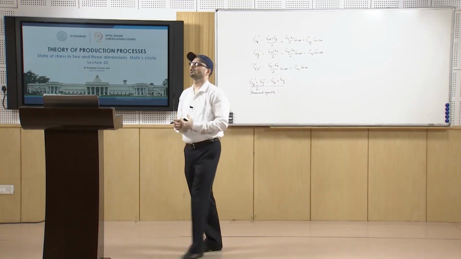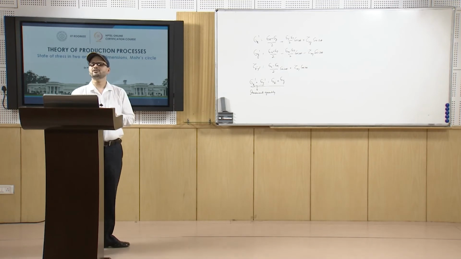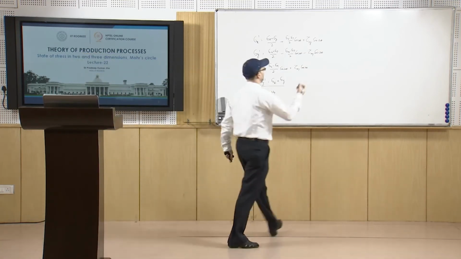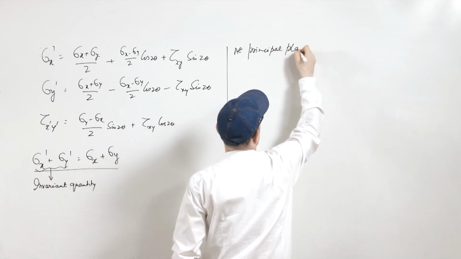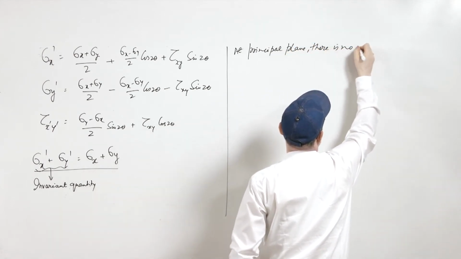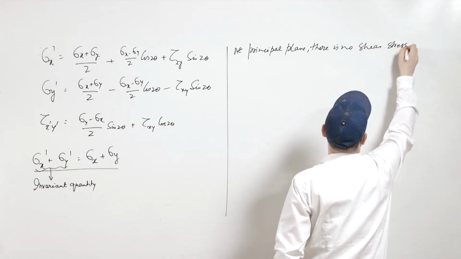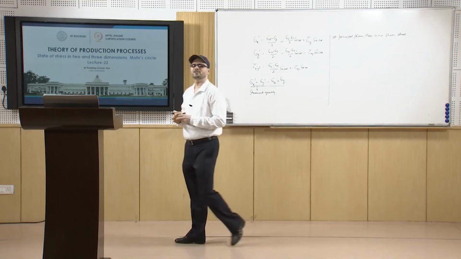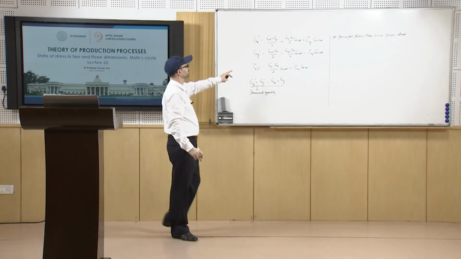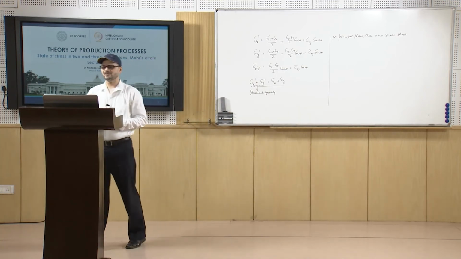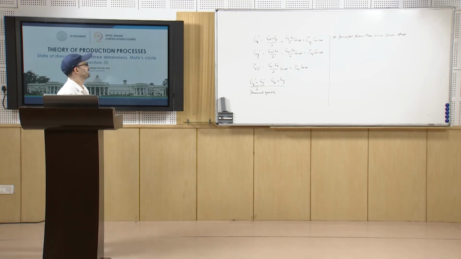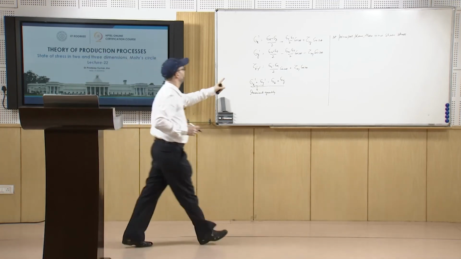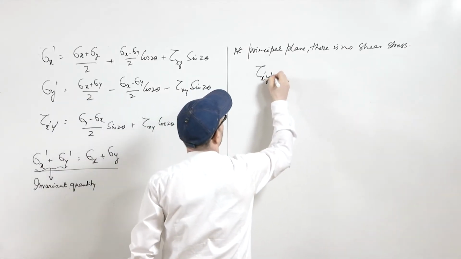The shear stress value is 0 at that point. If we try to find the orientation of the principal plane, where there is no shear stress, we have to equate tau x prime y prime to 0.